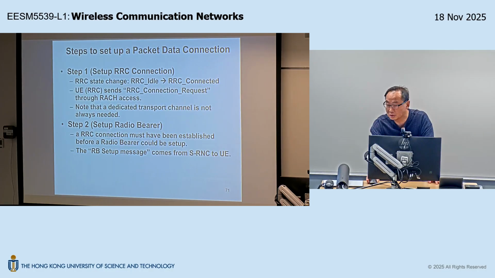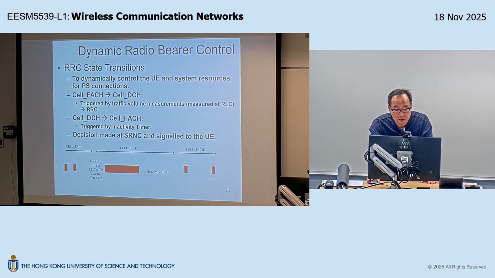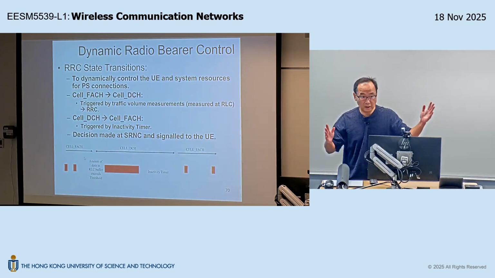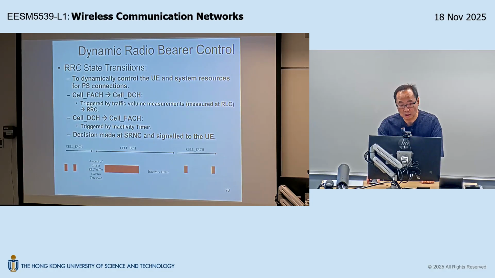But the concept of packet switch data services is behind this connected radio bearer. You can have different types of transport channel behind to support this logical connection. Sometimes, if you have a small burst of data, you may support this logical connection using a common transport channel, such as the FACH in the downlink direction.